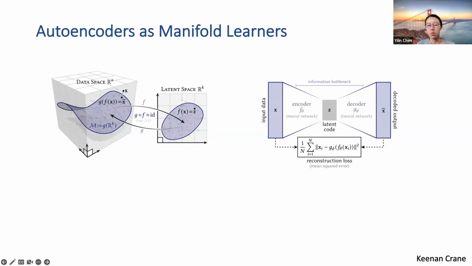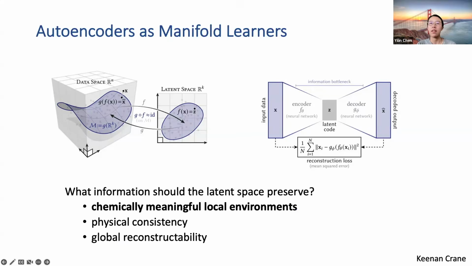But the question is, what information should this submanifold capture, that's an expressive representation of protein? And how do we enforce it? I think the answer is chemically meaningful local environments, but they have to be physically consistent according to first principles, and you should be able to reconstruct the global structure from it, according to the design of autoencoders.